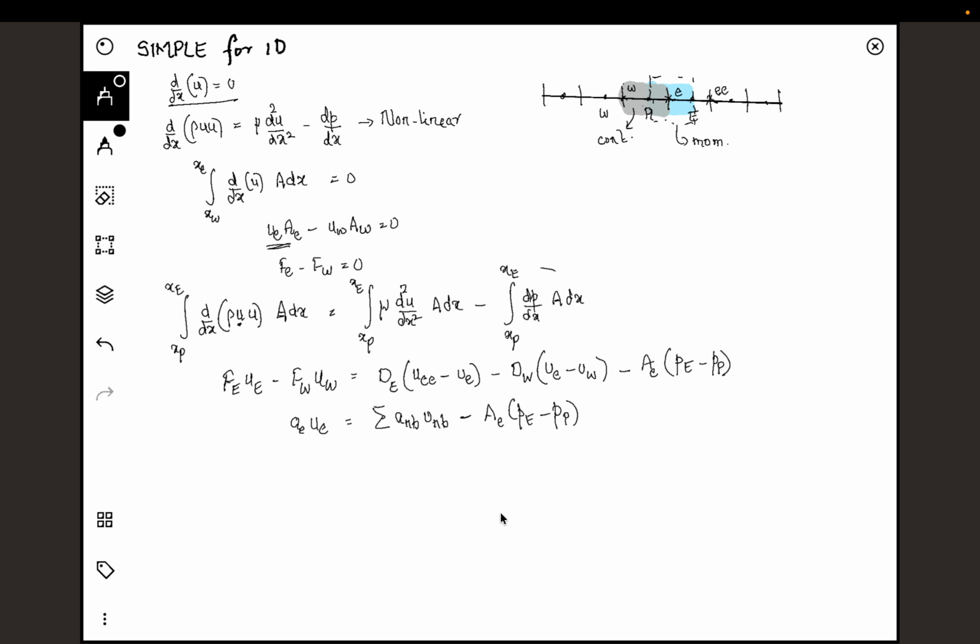And from the continuity, we have this equation. This is from the momentum equation. Just to make it easy to understand, eventually we'll have to convert this into some matrix and then solve the set of matrix equations.